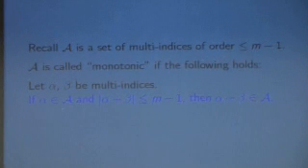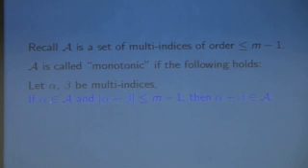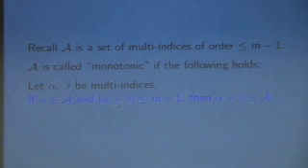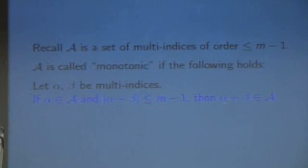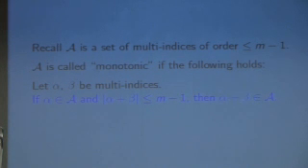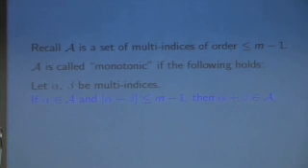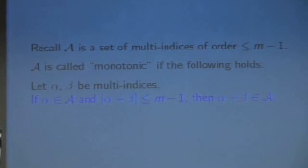Okay? But so script A is monotonic if alpha in A and alpha plus beta of order at most m minus 1 implies that the sum alpha plus beta is in script A. What does that have to do with anything? Anyway, that's what it means for script A to be monotonic, and so script A is either monotonic or not.